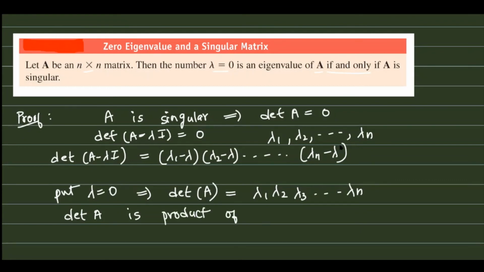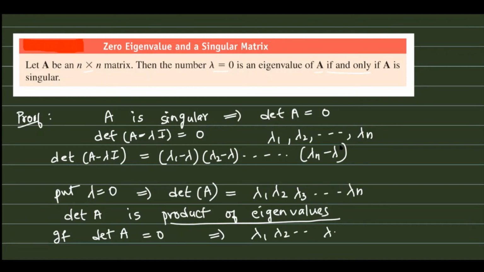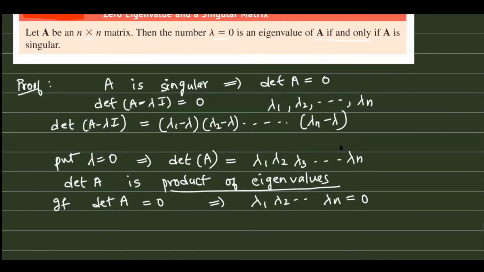This is a very important result: the determinant of a matrix is nothing but the product of the eigenvalues. Now, if determinant of A is equal to 0, this product is 0. This implies lambda 1, lambda 2, etc., lambda n equal to 0. This product will be 0 if any one of the eigenvalues equals 0.